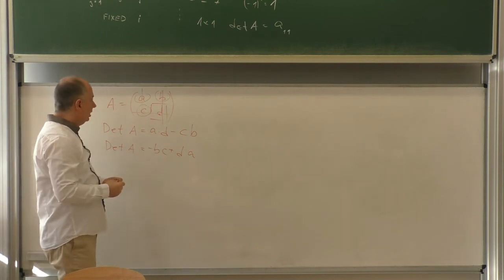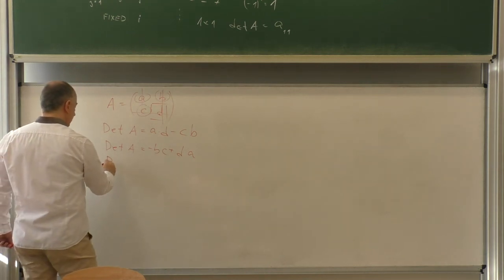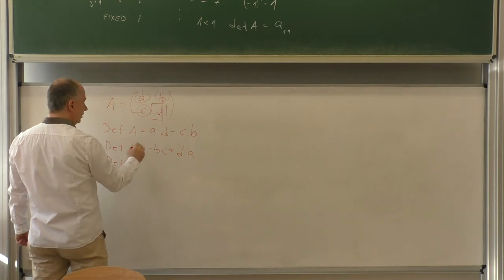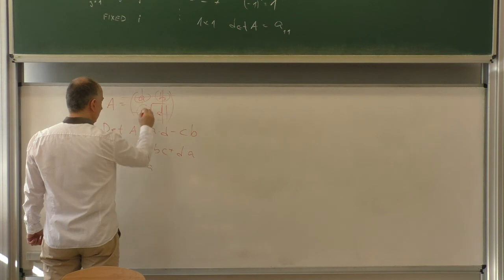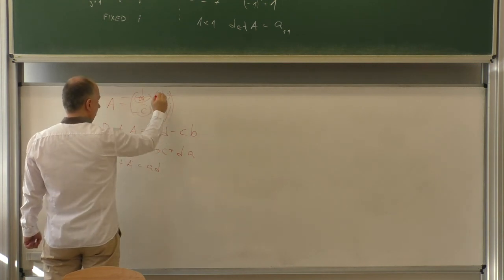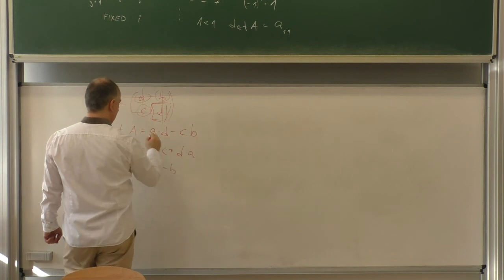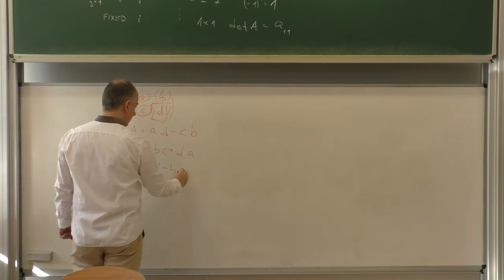Or if you like, we can expand this determinant along the first row. A times the subdeterminant, which is D, minus B times the subdeterminant, which is C.